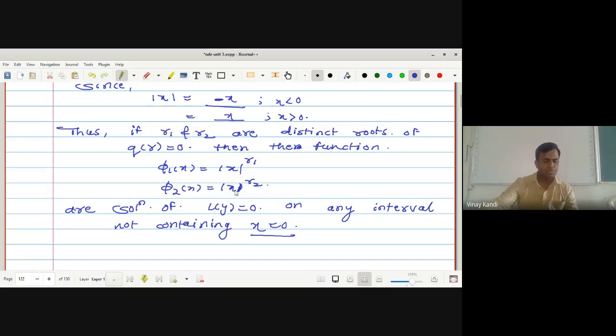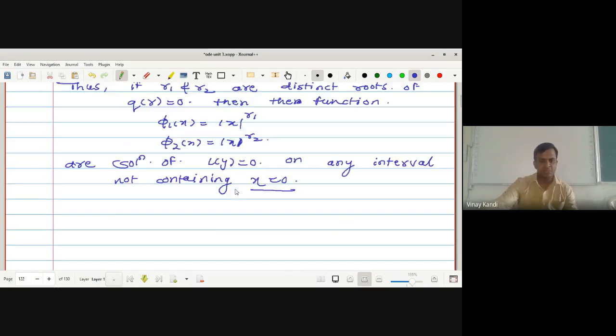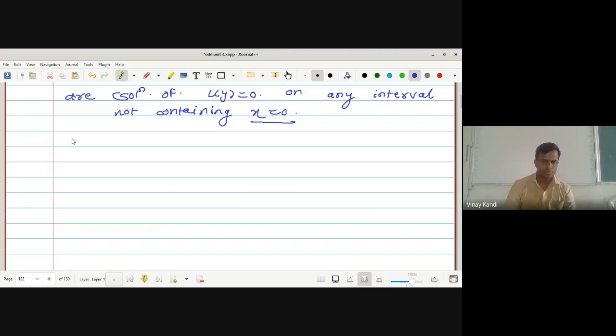Okay, now we have to prove that these two solutions are linearly independent. ओके, आपल्याला बेसिस प्रूव्ह करायचं आहे. बेसिस प्रूव्ह करायचं म्हणजे काय? ते लिनियरली इंडिपेंडेंट आहे हे पण प्रूव्ह करावं लागेल. ओके, so we have to prove that phi 1 and phi 2 are linearly independent. To prove that phi 1 and phi 2 are linearly independent.